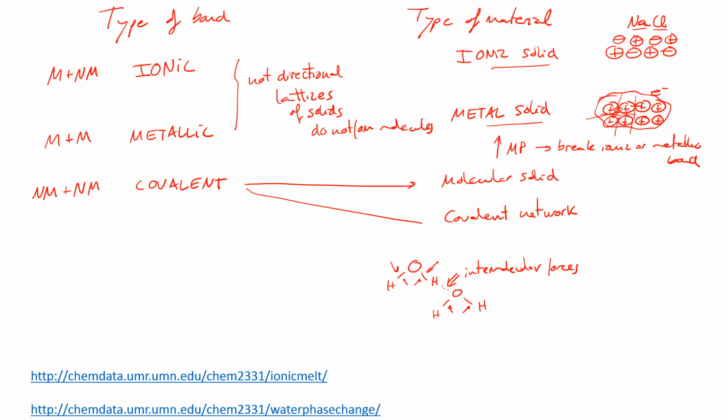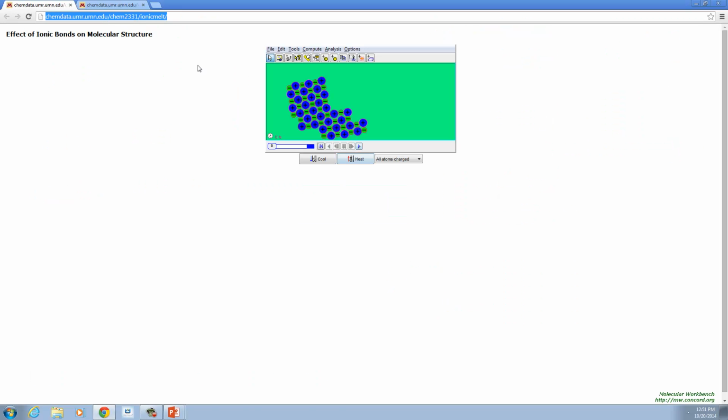Okay, so I have a simulation to express that, so let's see if that helps a little bit. Imagine that this is just a small part of an ionic solid. What happens if we try to melt it? Well, we're going to increase the heat.